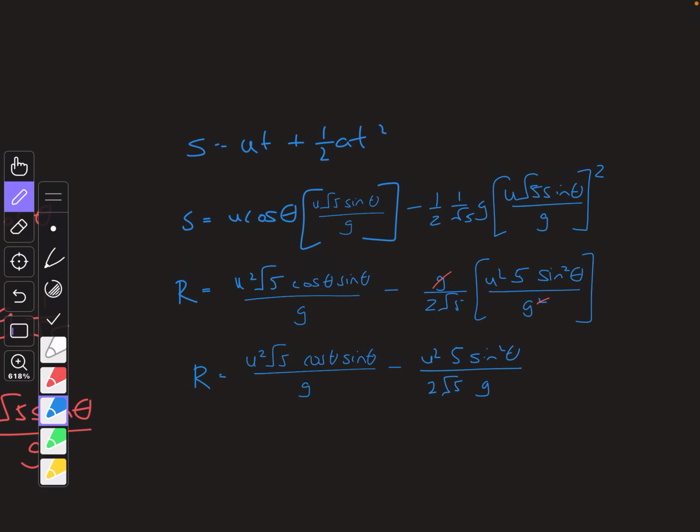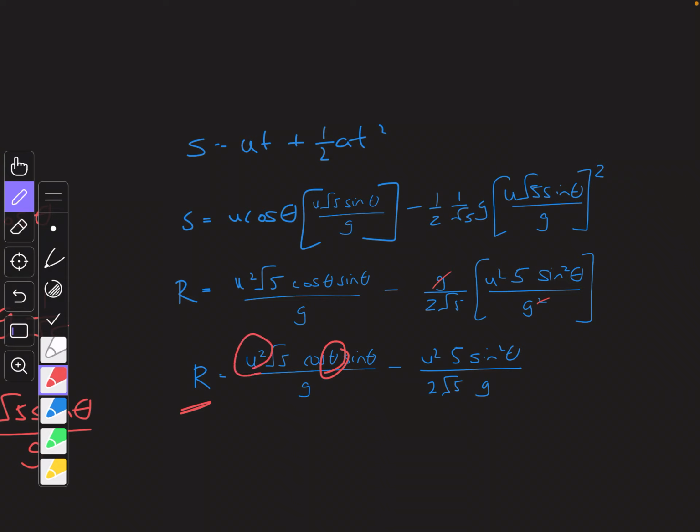Now, hoi caramba, there was a lot to that, okay? And we're kind of stuck in a situation of we need to do something with this now. So the question comes down to this: what do we do now? We've got range in terms of theta and u, right?